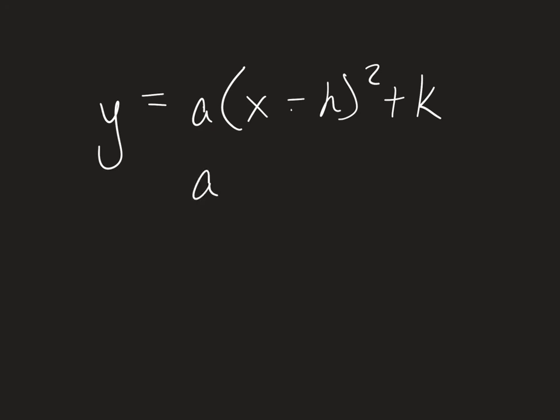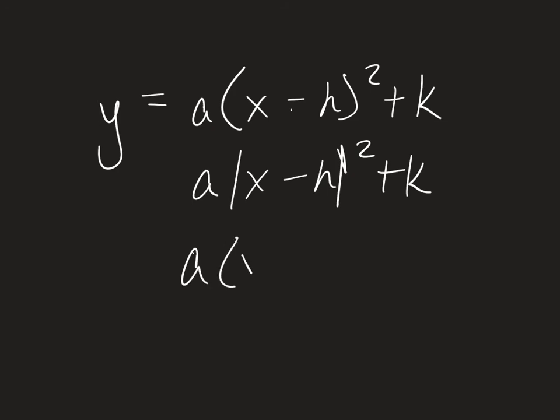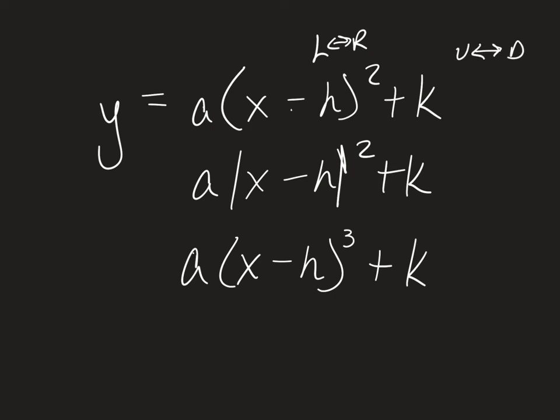This is true whether it's a quadratic like I just drew, or an absolute value, or if it's cubic even, which it will not be cubic. We haven't talked about those yet, but if it were, it would be the same thing. Remember, this is left to right movement, horizontal. This is up or down movement, that's vertical. And then these are your stretches, vertical stretch.